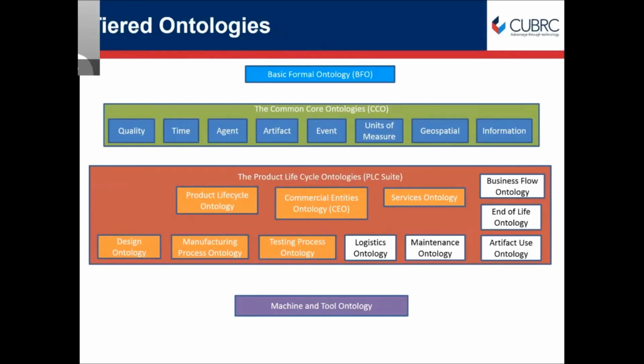That's the mid-level or the upper level of the product lifecycle, and then they're extending those down to include things like design, manufacturing processes, testing processes. The ones in white are planned but not yet created, and then even more specialized, they've created a machine.